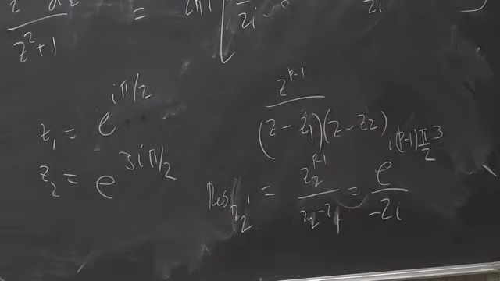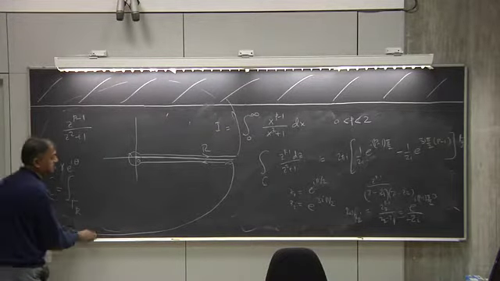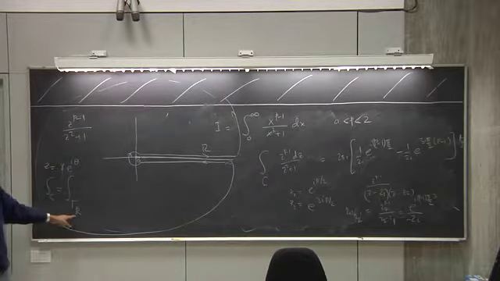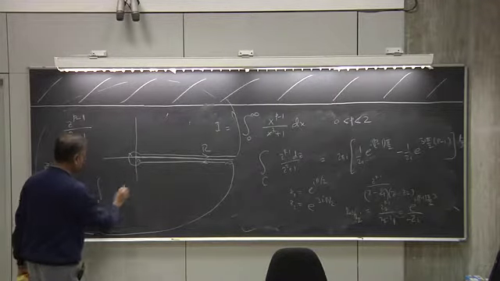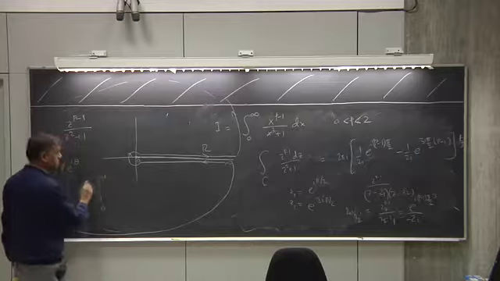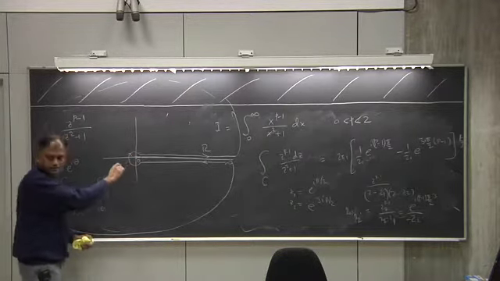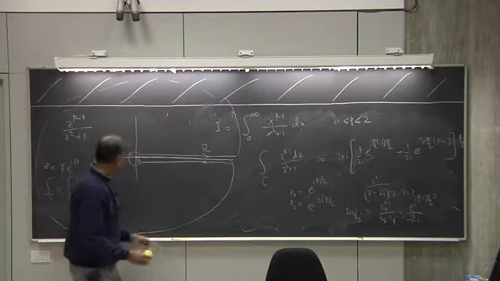This big contour C has a part which is the big circle, gamma r, meaning a circle of radius r, plus the part from 0 to r. Think of epsilon instead of 0; it doesn't matter, epsilon will go to 0 in the end. So this is 0 to r.